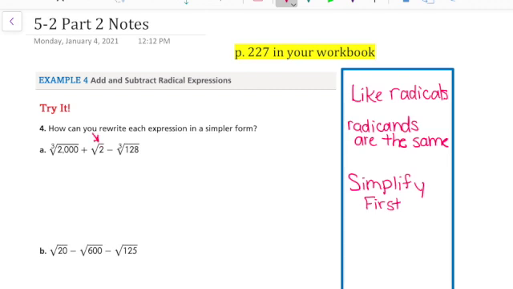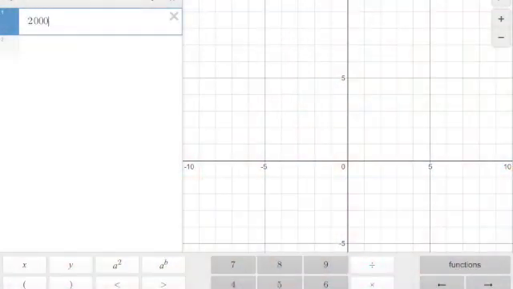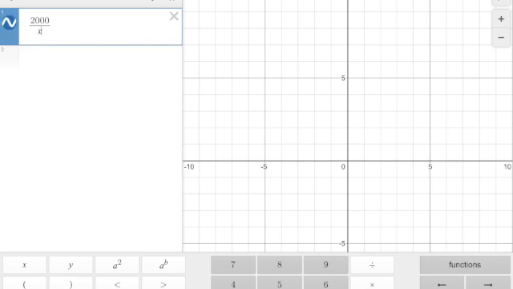Since 2 is such a small number, I know that that one is already simplified, so I don't have to worry about that one. But I am going to do the cube root of 2000 and the cube root of 128. So for graphing, I am going to take 2000 divided by x to the third because it's a cube root.